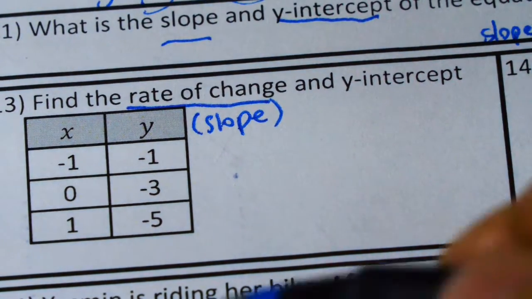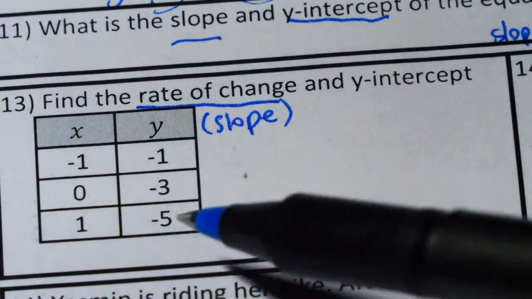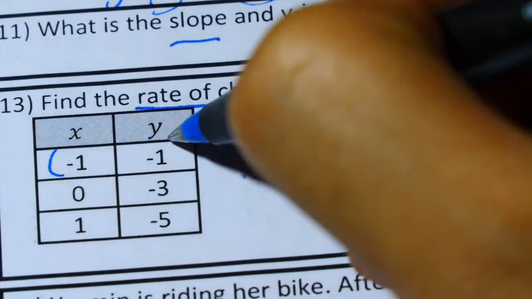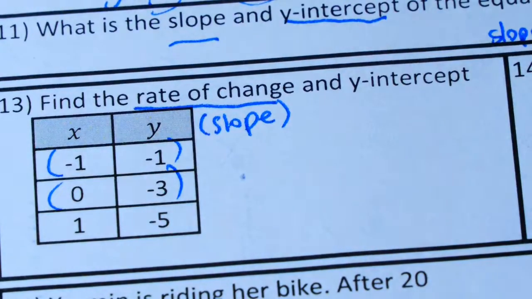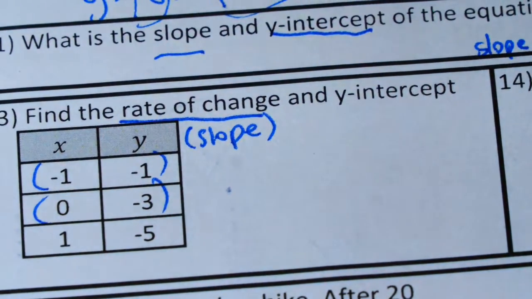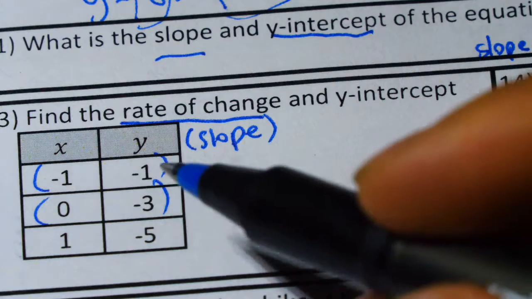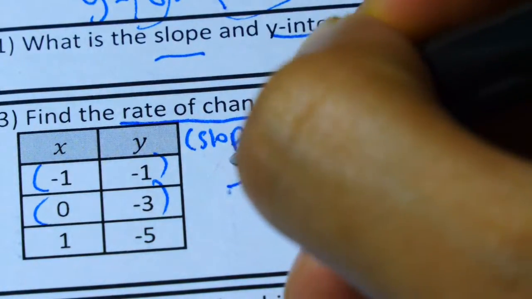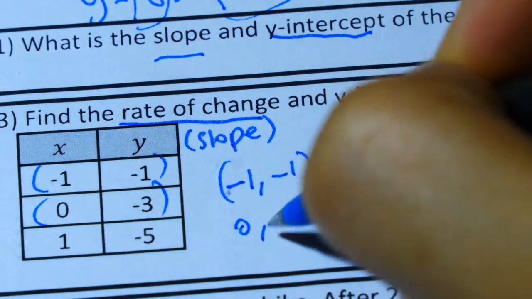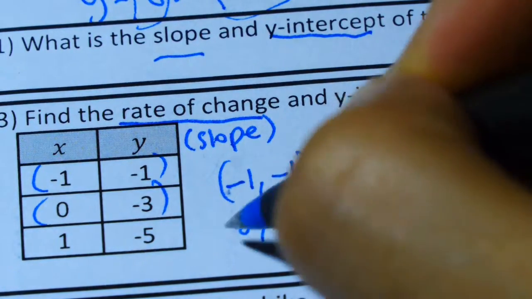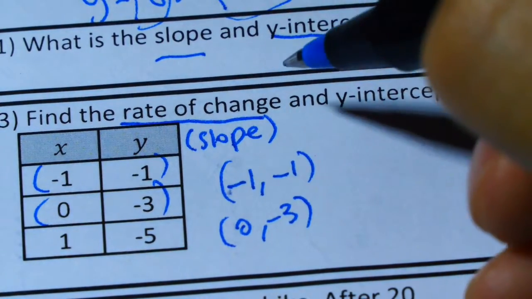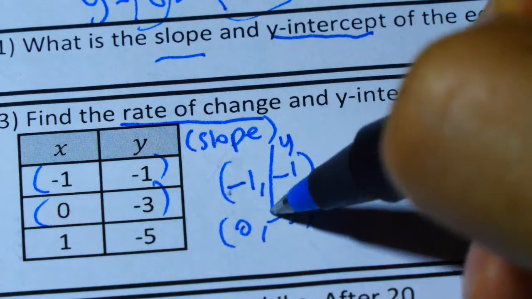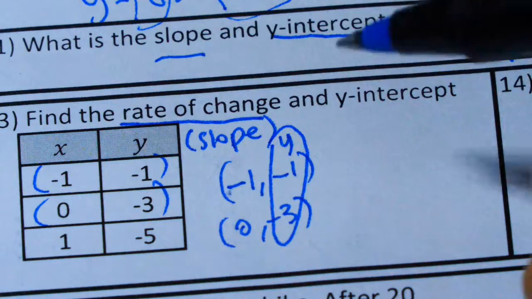We need 2 points. I'm going to pick 2 points from this table. Any 2 points. So this point and this point. I'm going to put this point first. We have -1, -1, and we have 0, -3. How do we find the rate of change? Change in y first.